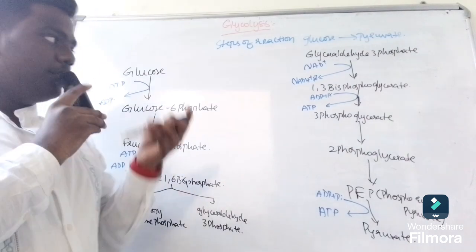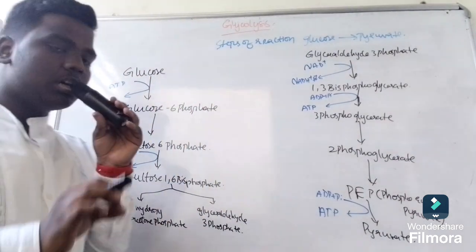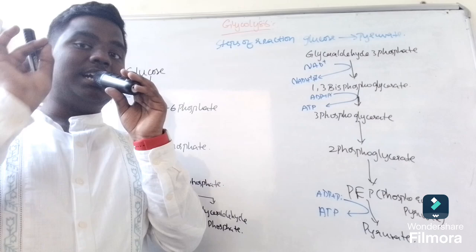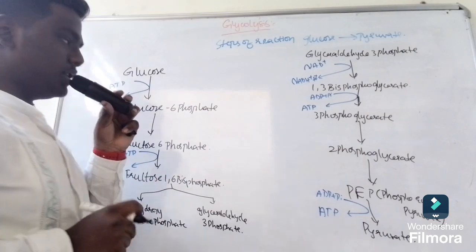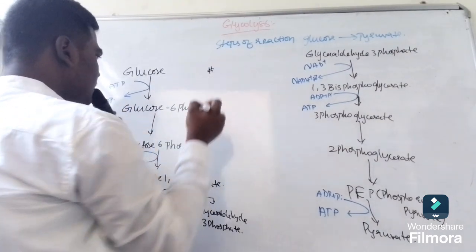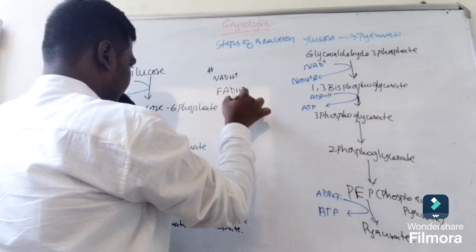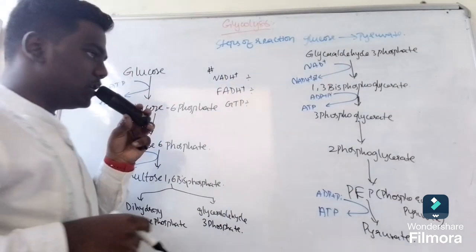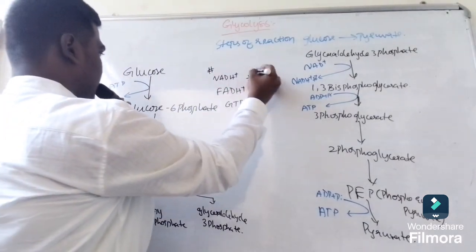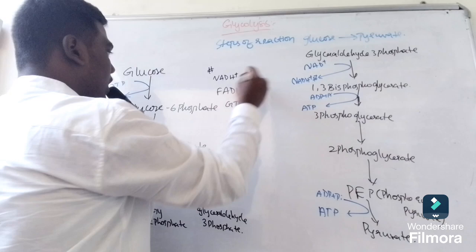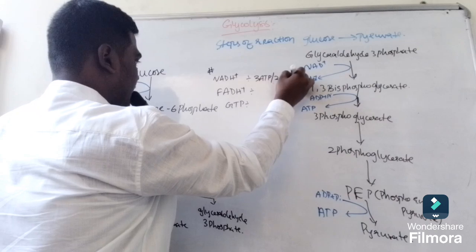Now we will discuss energetics, which is again an important concept, that is what the ATP production is and what the net ATP production is. Before that, we have to remember one concept: NADH plus H plus, FADH2 and GTP, which you will be getting further in your citric acid cycle or ETC. NADH plus H plus corresponds to 3 ATP, or to be specific, 2.5 ATP.